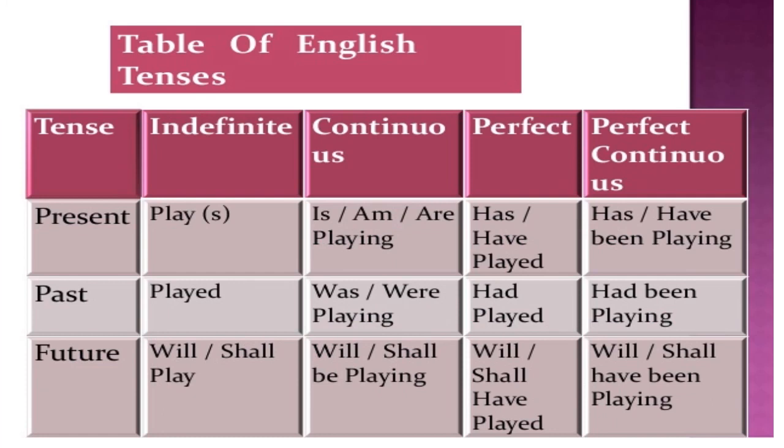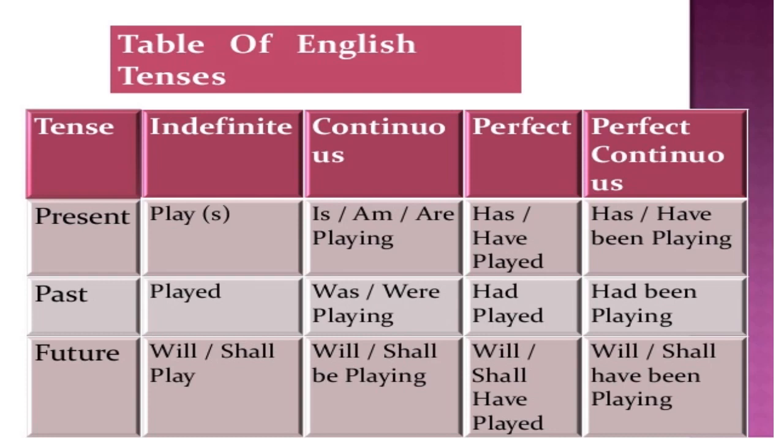Let us have a look at this table of tenses. There are mainly three kinds of tenses: present, past and future. And further there are four heads: indefinite, continuous, perfect and perfect continuous.